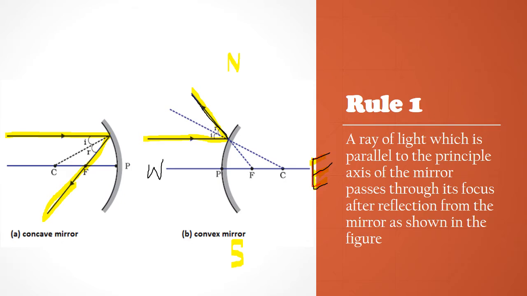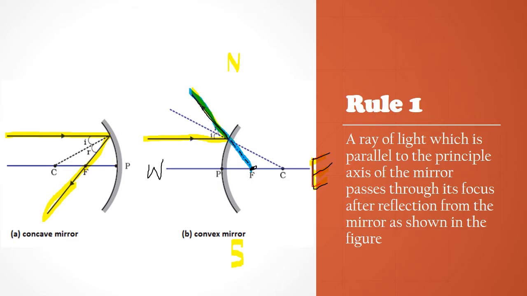But the reflected light appears to be moving from which point? It appears to be coming out of this point F. Can you see? This reflected light appears to be coming from this point F.